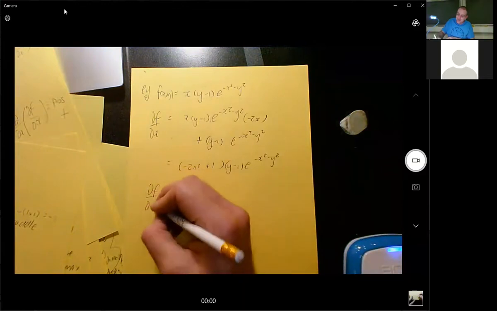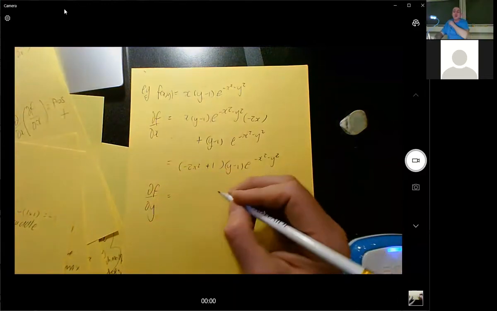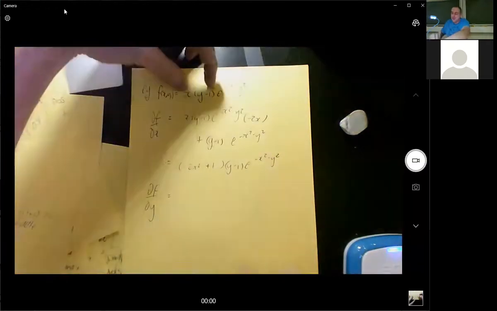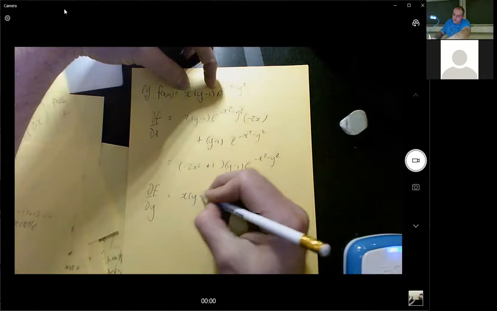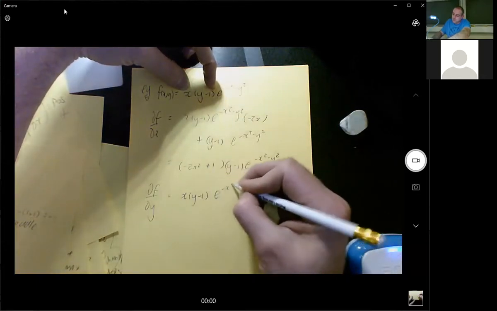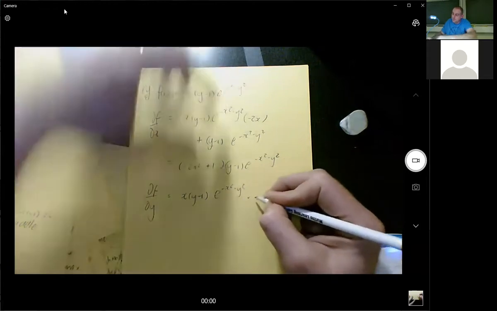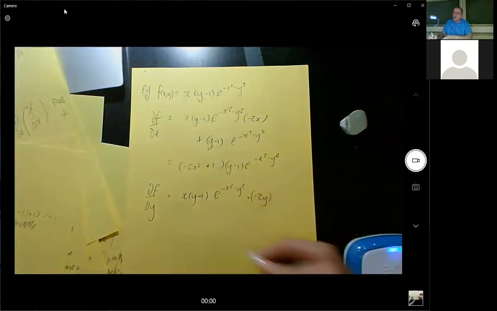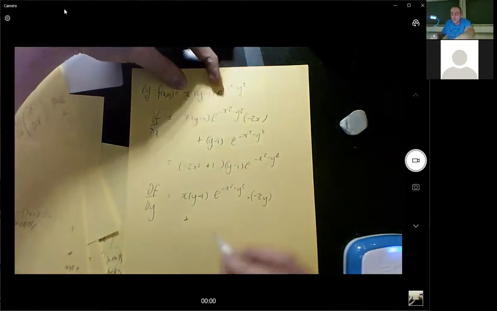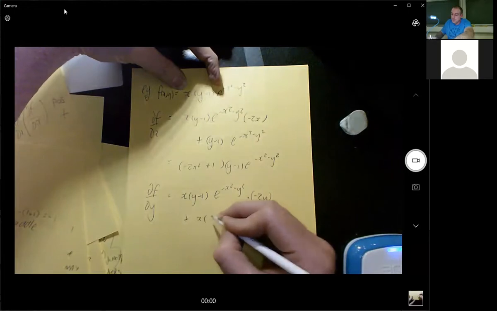Let me do df on dy now. Product rule again, because this bit involves a y and this bit involves a y and they're multiplied together. I'll keep this bit. And I'll do the derivative of this bit. But because of the chain rule, I'll have a minus 2y. And then I'll differentiate this bit. Okay, so this has got a constant x multiplied on. So when you multiply a constant on, it will still be there afterwards.